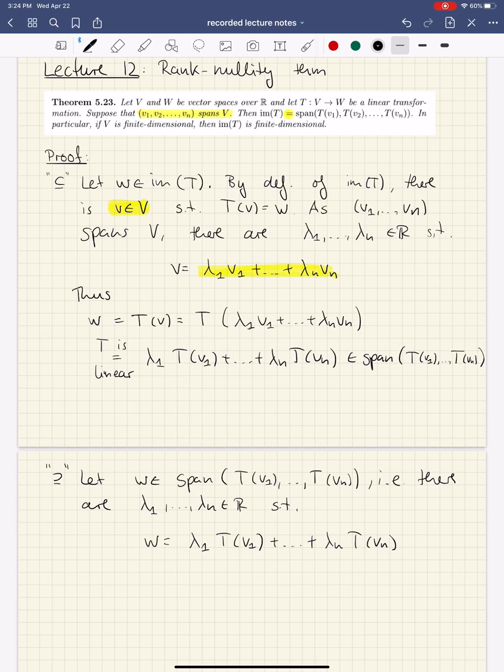Okay. Now you have the reverse reflex of what you've done here. If you see something like this, where it's broken up and you have that T is linear and you take a linear combination of these images, then most likely the next step is to actually pull it out.